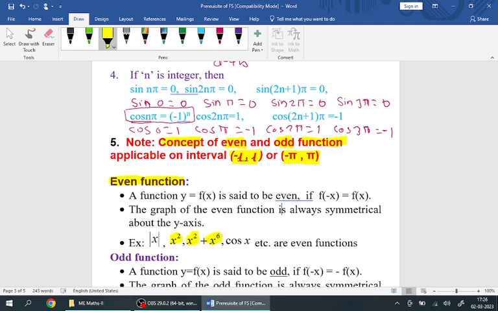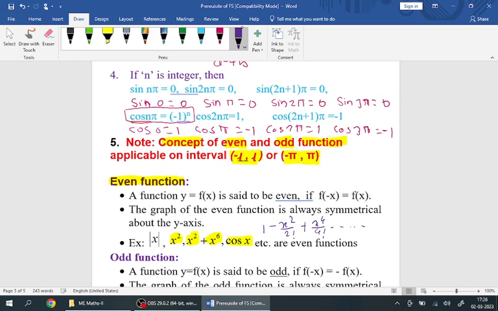So x square is an even function, x square plus x raised to 6 is an even function, cos x is an even function. Why is cos x an even function? Because we know the series of cos x is 1 minus x square by 2 factorial plus x raised to 4 upon 4 factorial minus and so on. So cos x contains only even powers of x. So cos x is even.